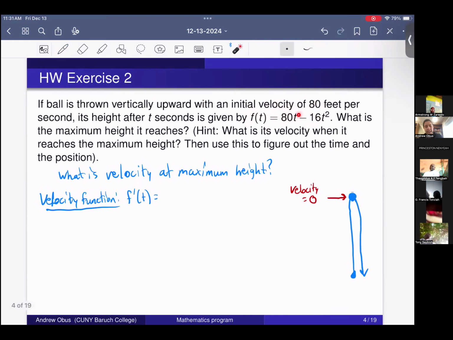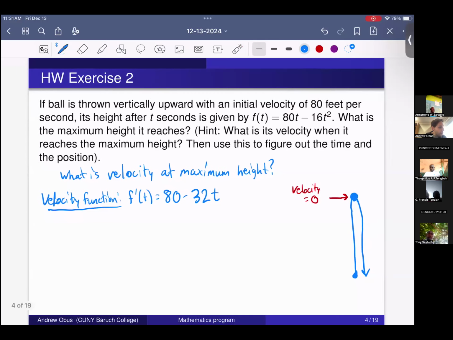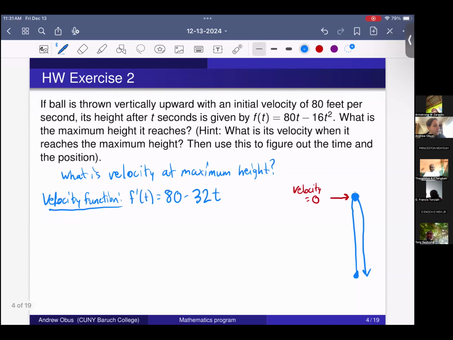If f of t is 80t minus 16t squared, the velocity function is going to be 80 minus 32t, right? Because it's the derivative of this. So if we want the velocity to be equal to 0, we want to figure out what time that is. So we solve for t in 80 minus 32t equals 0.